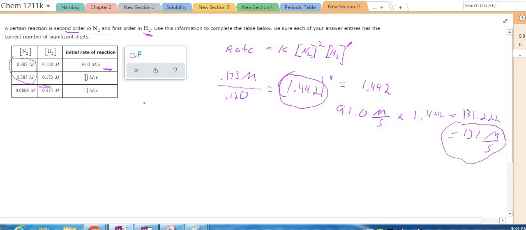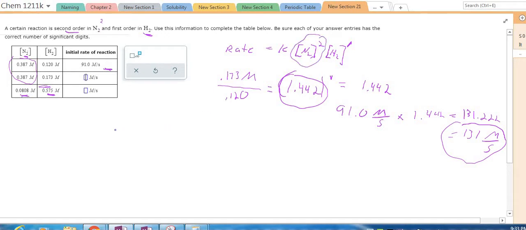Now in this last box, we're going to see that both change, and not only do both change, but nitrogen is of the second order when we wrote our rate law.